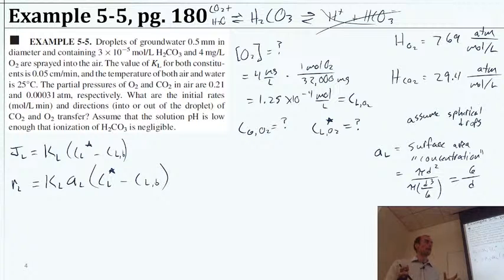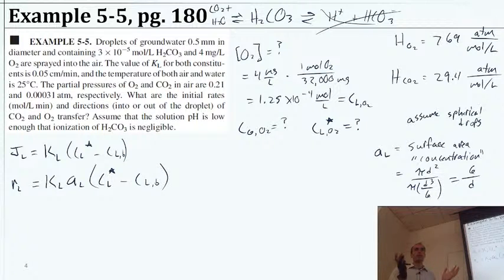I went ahead and started a bit of it, including giving you Henry's law constants for oxygen and CO2. Essentially, we need to compare the expected liquid concentration if the drops are at equilibrium to their current state.